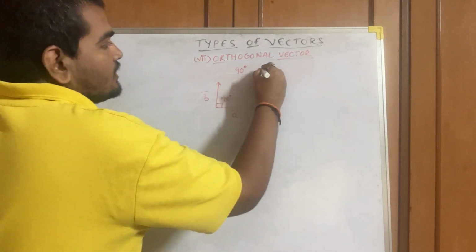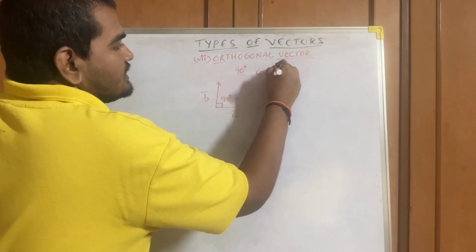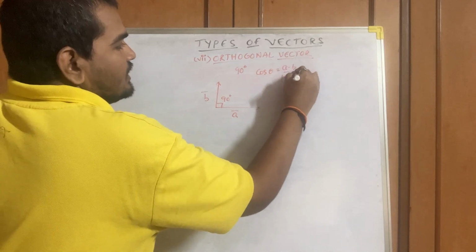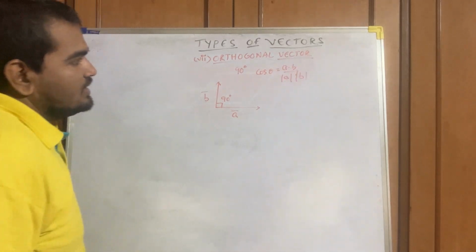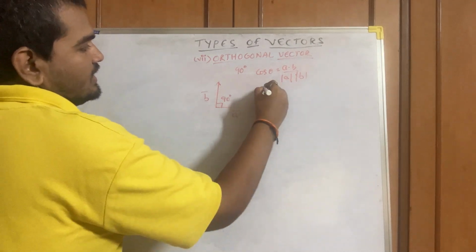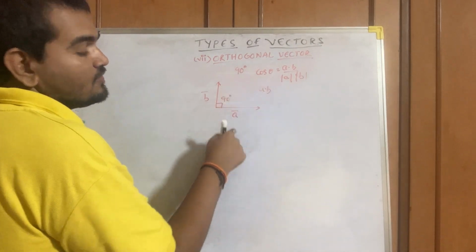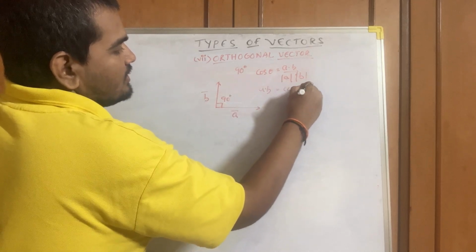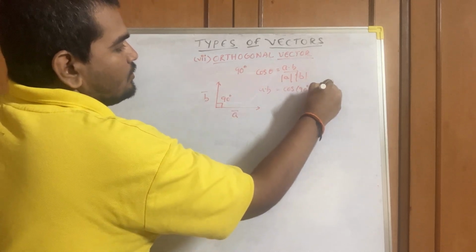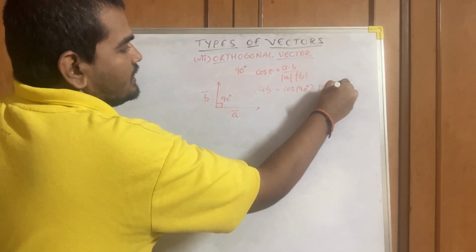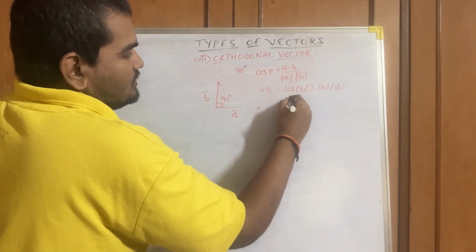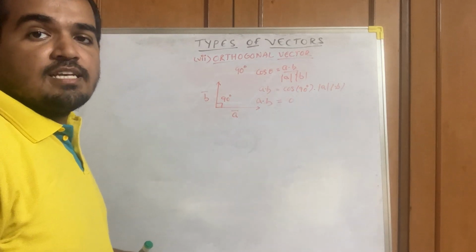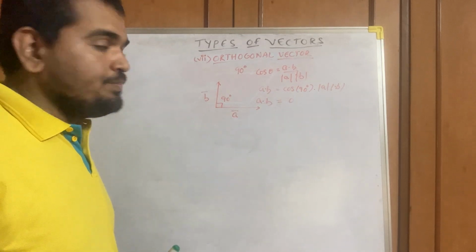According to the formula, cos theta is equal to A dot B upon mod of A into mod of B. That is, A dot B, the dot product of the two vectors, is equal to cos 90 into mod of A into mod of B. Cos 90 is 0, therefore the dot product of orthogonal vectors is 0.